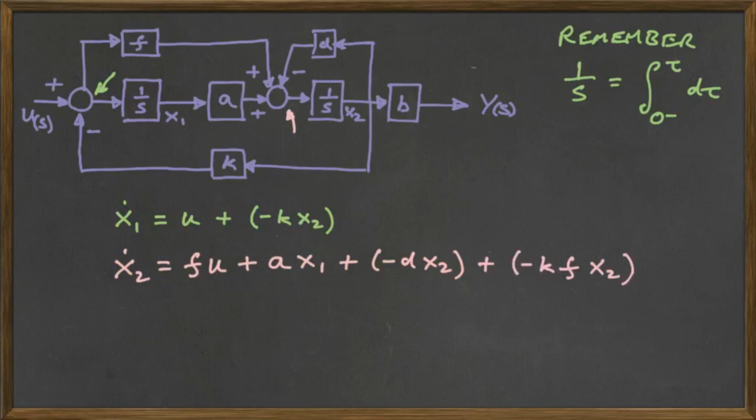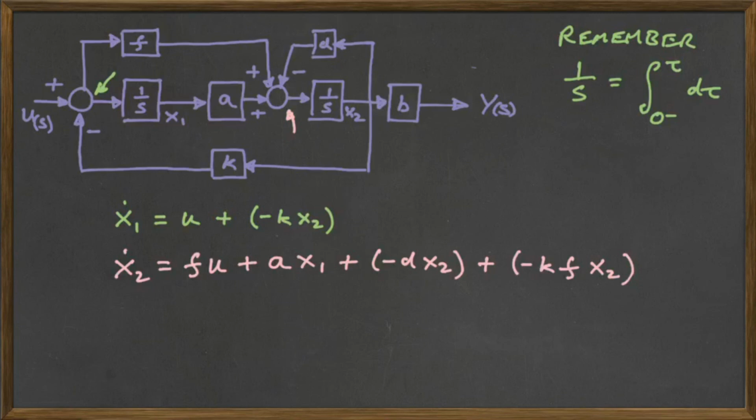Now the x2 is going to come from the second summing block, and the first three terms may be obvious to you because we have three arrows coming into this summing block. One is coming from the top feed forward loop, which is basically just f times u.